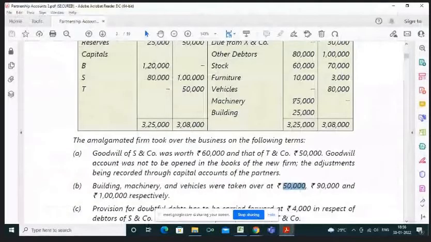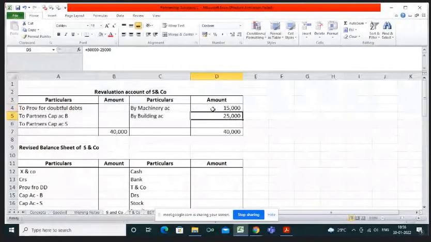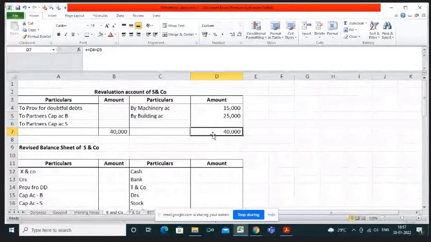Then in the case of machinery, they are taking over at 90,000, but book value is 75,000. So agreed price 90,000, but book value 75,000. So it's a profit. All these profits I'm showing on the credit side. So it becomes 40,000.